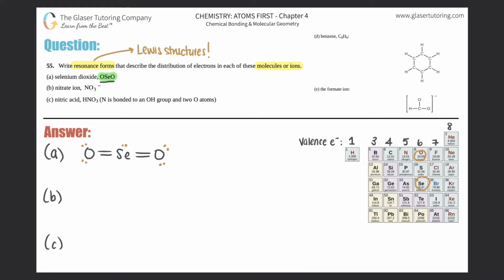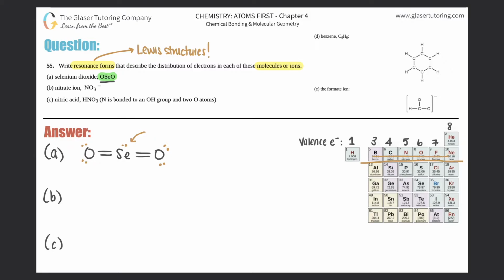So the total here of this whole thing should be 18 electrons, and we have it here: 2, 4, 6, 8, 10, 12, 14, 16, 18. Now, just know that selenium can have an expanded octet, meaning that it can have more than 8 electrons if it's the central atom, and it can only have that if it's below period 2 on the periodic table.